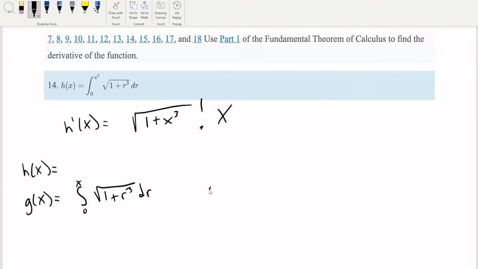So what's G prime? Well, the fundamental theorem applied immediately tells us it's this. But H of x then would be G of x squared. See how I'm now writing this as a composition? This x squared would get plugged in, go up top, and that's H of x.